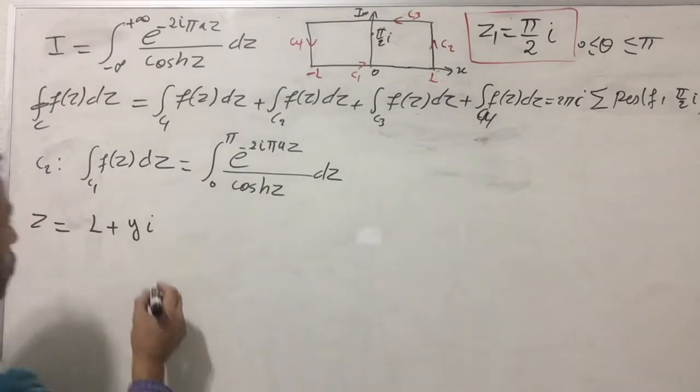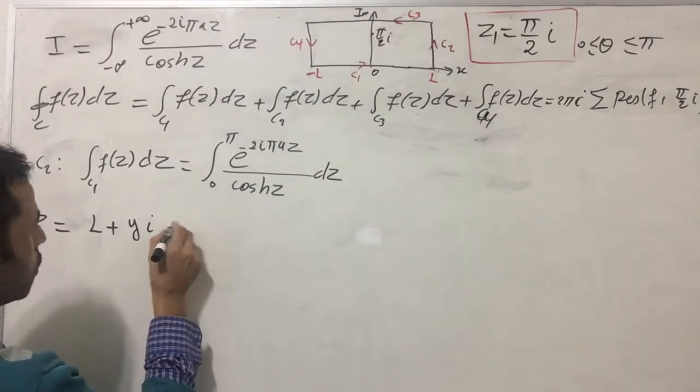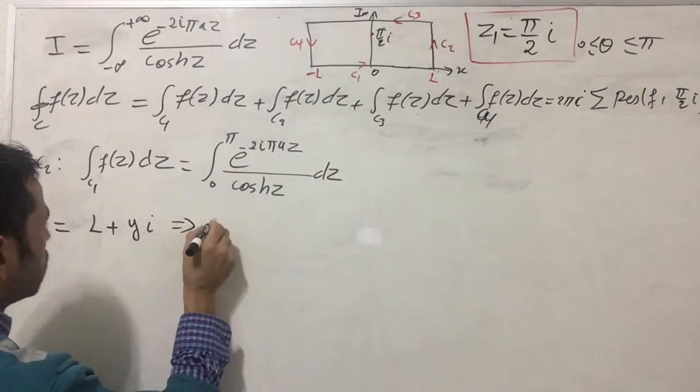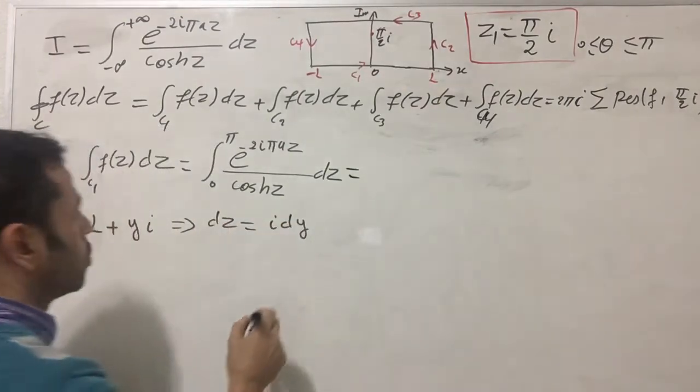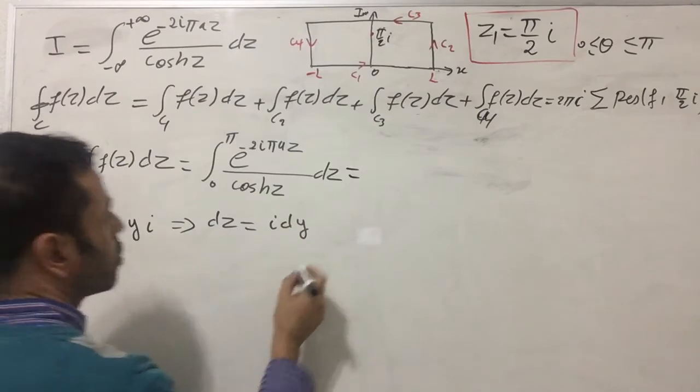Okay, so now I'm going to derivate this one. If you derivate this one, dz is giving us i dy. I'm going to replace this information into this integral.